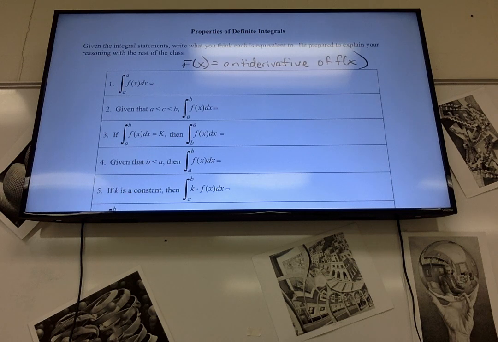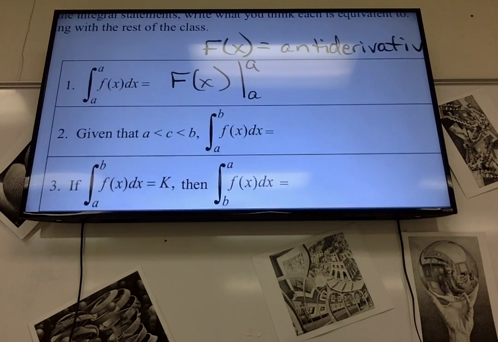So when you take the antiderivative of f of x, we get big F of x. And we evaluate that from a to a. Because that right there is a to a. So that would be F of a minus F of a, which is 0.